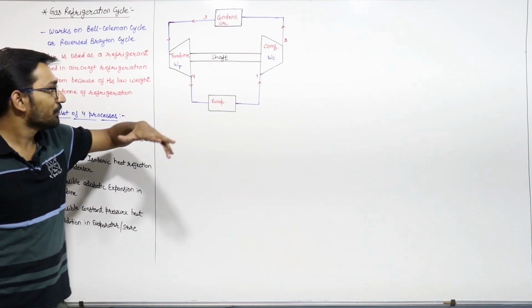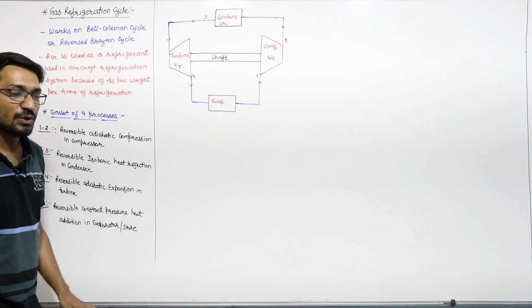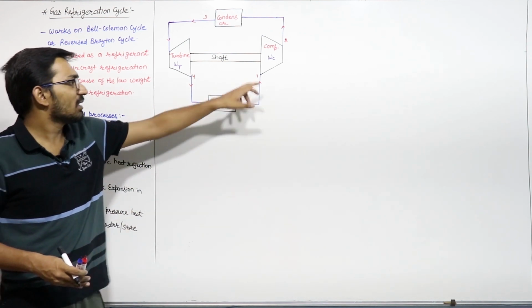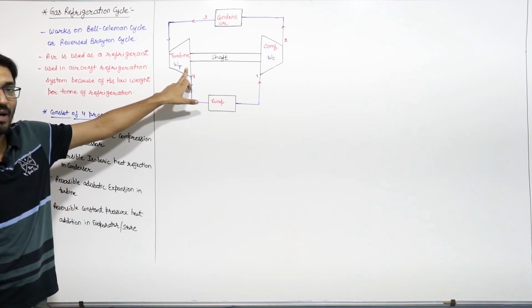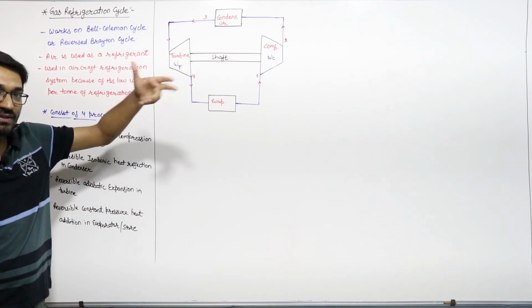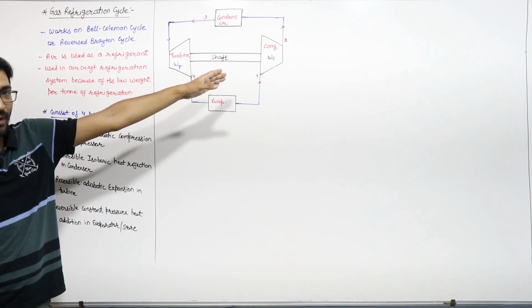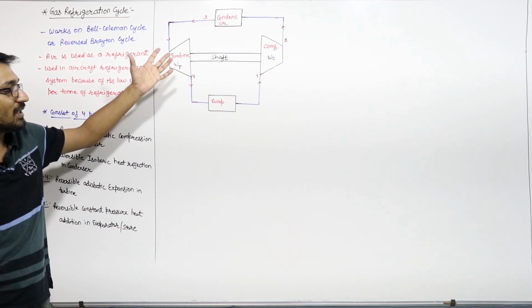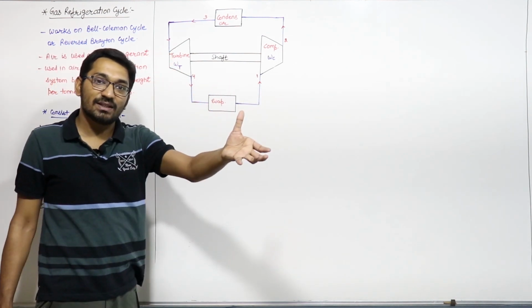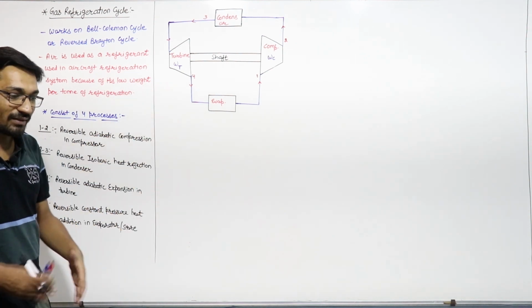We can use, right? And generally from the basic understanding, you may appreciate that the work required by this compressor is more than the work produced by turbine. Obviously, if this WT is more than WC, then we can say that this system is giving you the refrigeration effect and producing some net work, right?